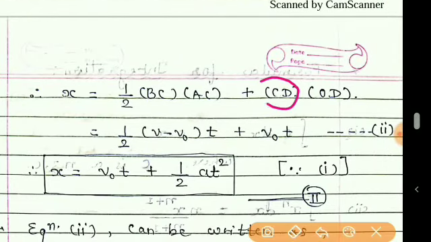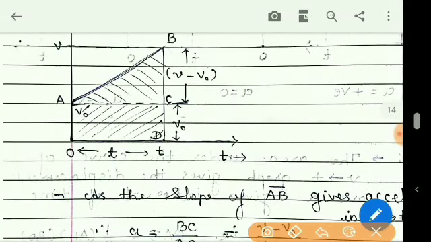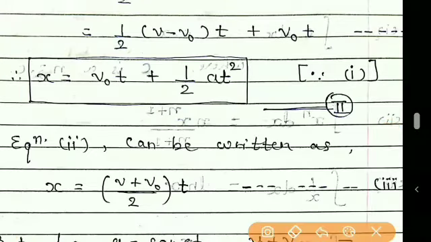What is CD? It is V naught. What is OD? That is T only. CD into OD, I will show you here also. CD, that is V naught, and OD is T, and so it is V naught T.